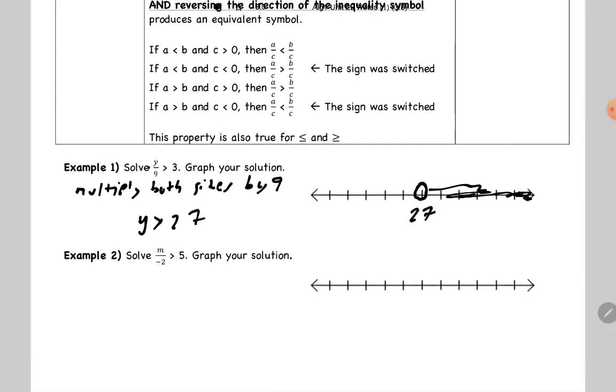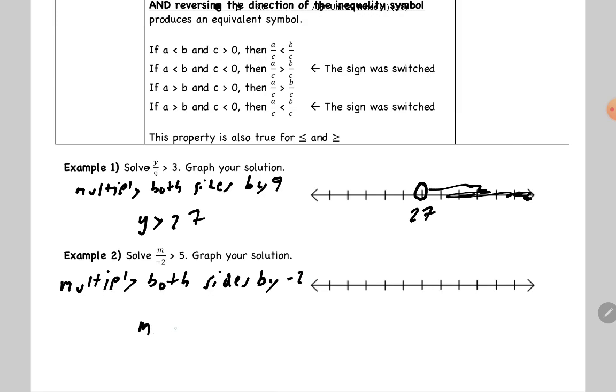Now, the only difference is when we're either multiplying or dividing by negative numbers. So we still do this like normal. M is being divided by negative 2, so I'm going to multiply both sides by negative 2.